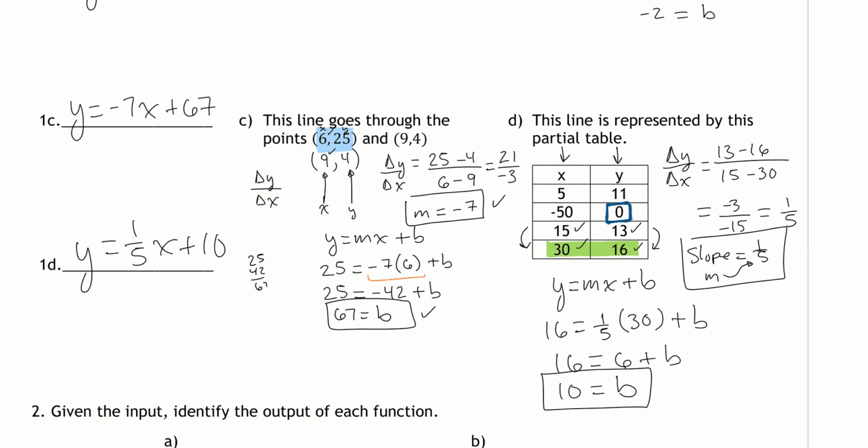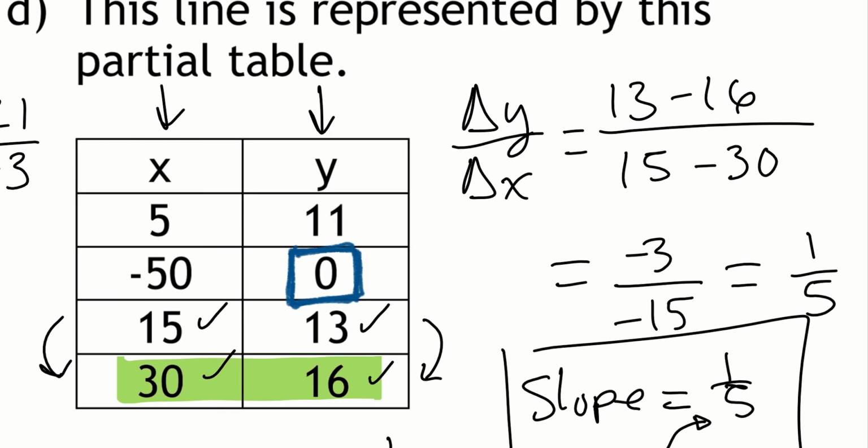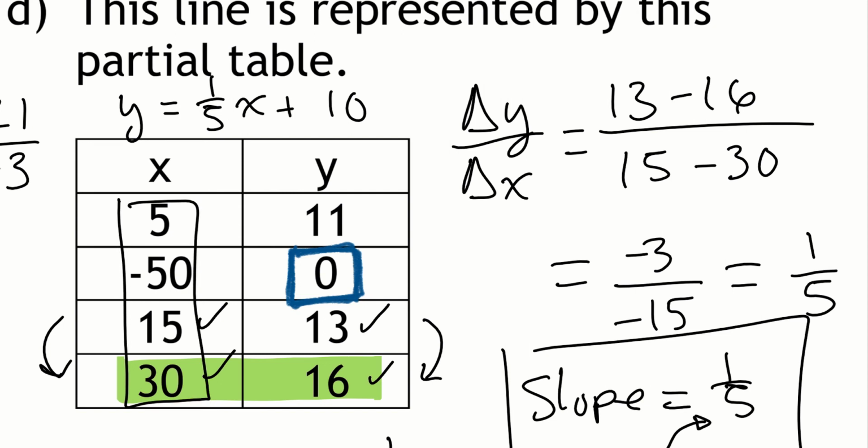By the way, it's really nice to make it a habit of saying, am I right? Am I correct? And I'll write this down up here. I said y is 1/5 of the number x plus the number 10. It turns out these are very nice numbers for checking if this works, because all of these values are multiples of 5.